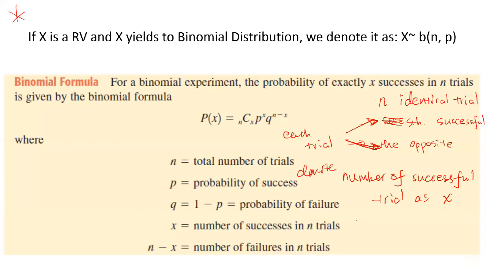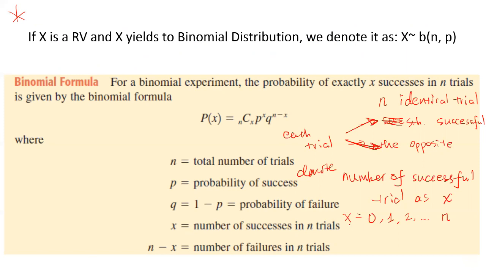So what values can x be? X could be 0, right? After the n identical trials, you can find that there are no successful trials. X can also be 1, because there can be only 1 successful trial. X can also be 2, etc. And the maximum number x can be is n, which means all n trials are successful.